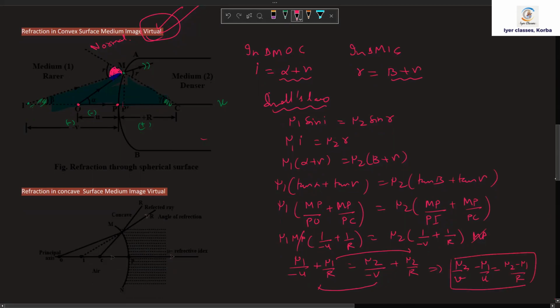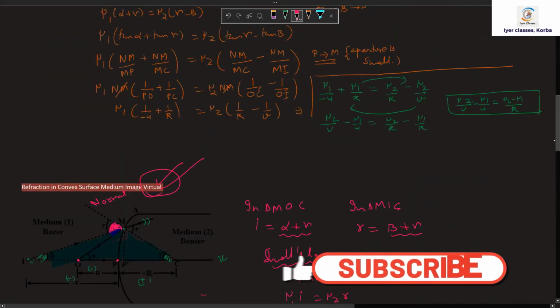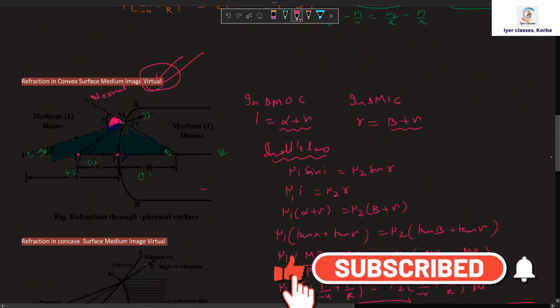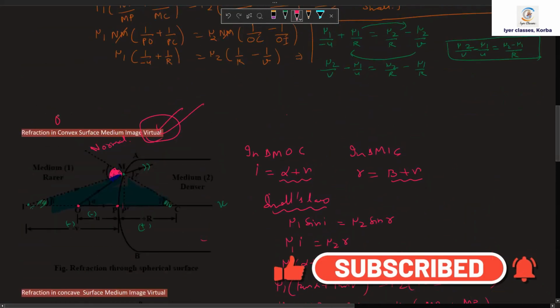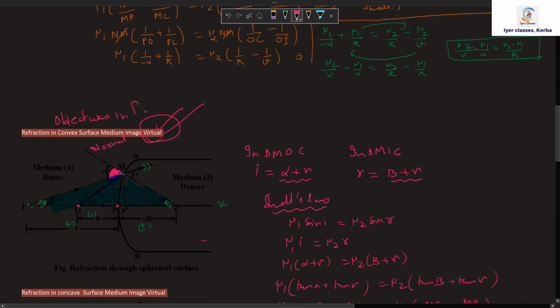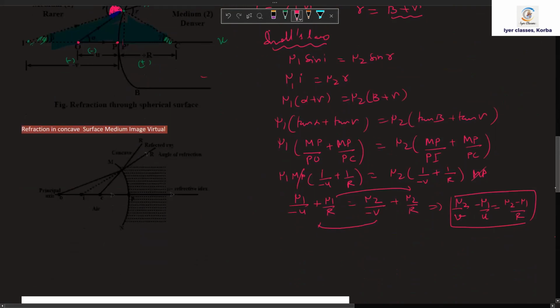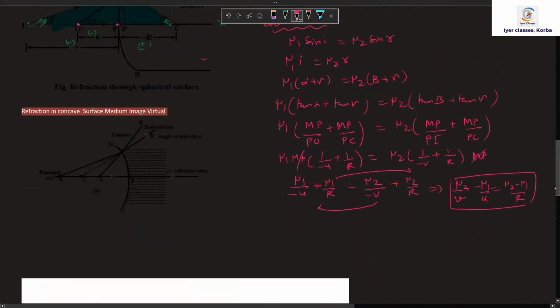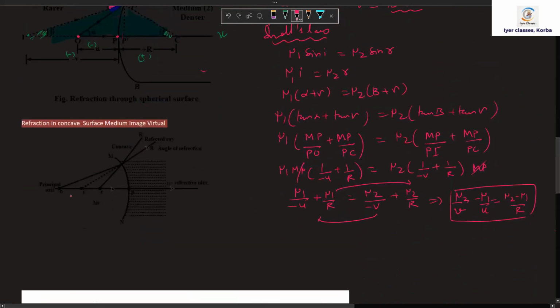Now, is this the same result? Yes, ma'am, same result. Why? Because the object is in the rarer medium.